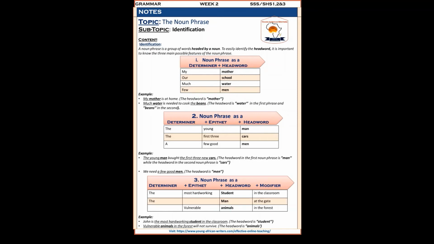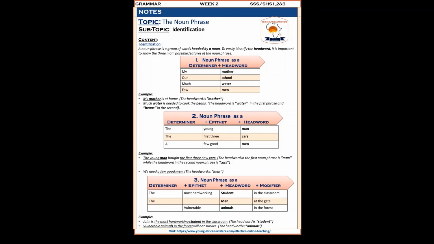That is why it is important to learn first how to identify a phrase, in this case a noun phrase, before you are taught how to provide or know the function of that noun phrase that you have been able to identify. So the exercise here, our method, is to help you identify the phrases or the clause, depending on what we are teaching, and then the function of that phrase or that clause.